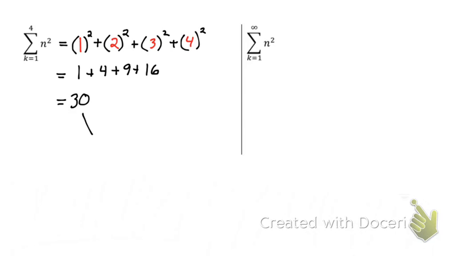This is called a partial sum, because I gave ourselves a sequence and I called it n squared, but I didn't take the entire sequence, I just took part of it. I took between 1 and 4 and I added them all up. So this starting value is just our first term.